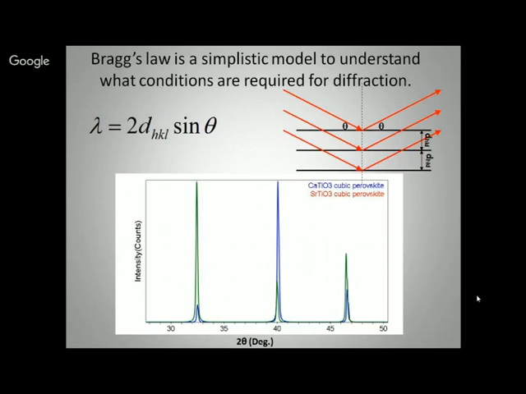If it is cubic, suppose it is showing 3 peaks, but if it is rhombohedral, then it will show 5 peaks. So different structures will show different numbers of peaks, and there is standard data available for all kinds of materials. So you can compare the data of your material with the standard one and easily tell what different things you are observing in your material.